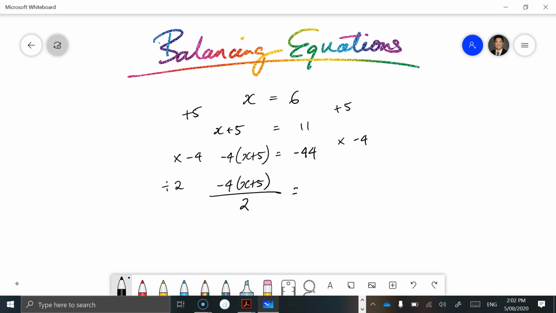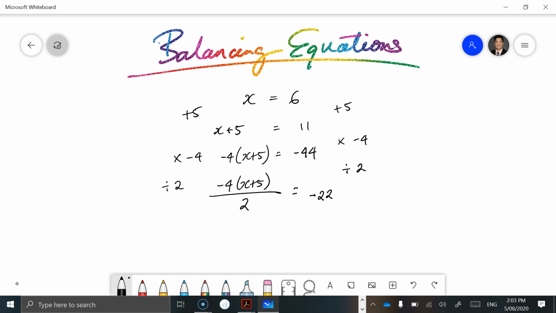We need to do the exact same thing to the other side to keep things balanced. So divide negative 44 by 2, we end up getting negative 22. Okay, so that's half of 44, and make sure that you leave the negative in. So negative divided by positive is a negative.